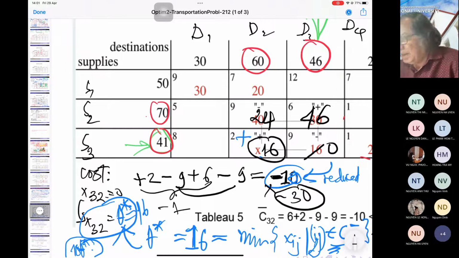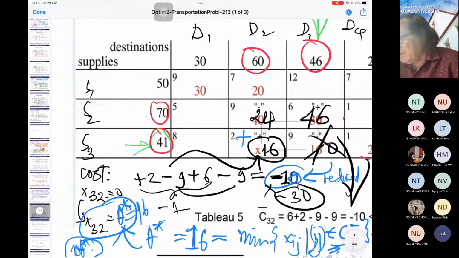In that case, we will enter this and we will remove it. Is that okay? So if we move to the new flow, the new BF solution, this is called the entering arc or entering cell.